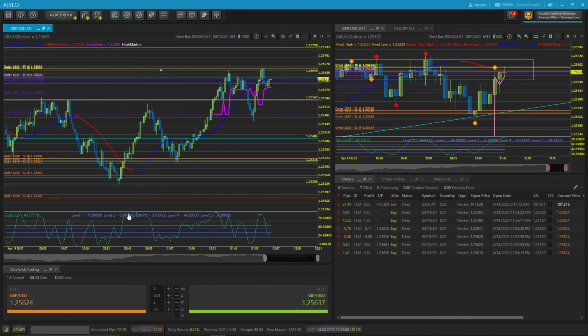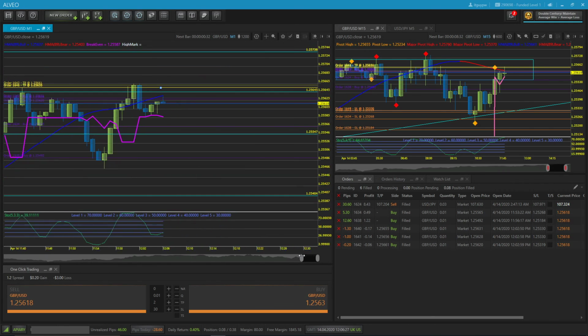Now it did stay up here in these top ranges a little bit, but even then, you see it gets a little bit of a pullback when it gets up there too high. So now as we're following the trend back up, got down here and went back up. So you see the correlation between the stochastic and the trend.